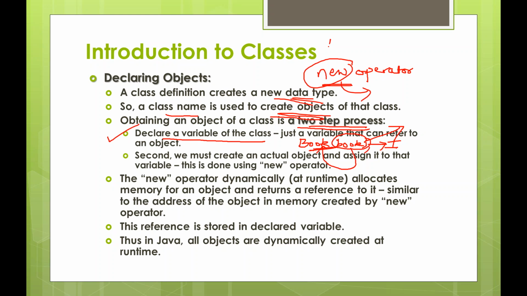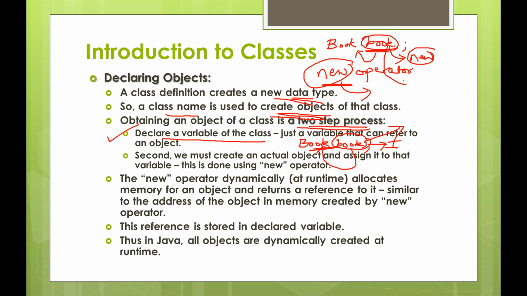What we have done is just declared a variable of class book. This is a variable of type book. We have not yet assigned an object to this because here we have not yet used the new operator.